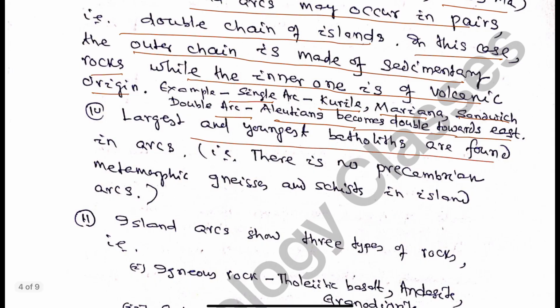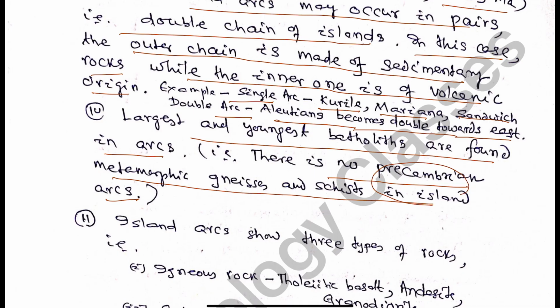Largest and youngest batholiths are found to develop in the arcs, and the studies have proved that there are no Precambrian metamorphic nascent sheets in the island arcs.